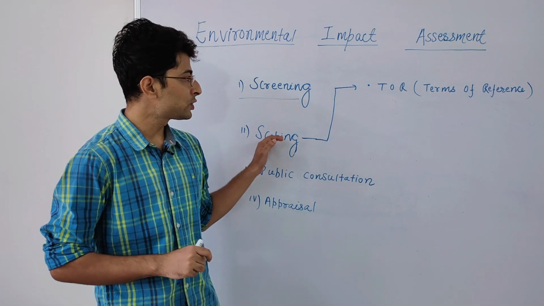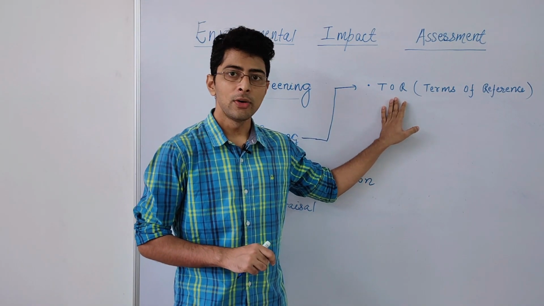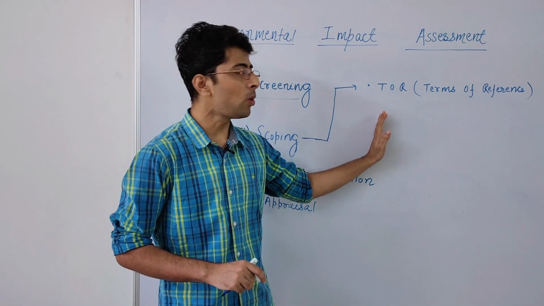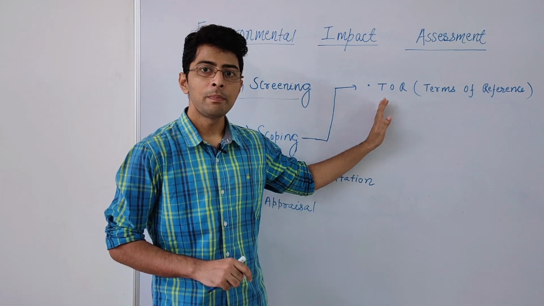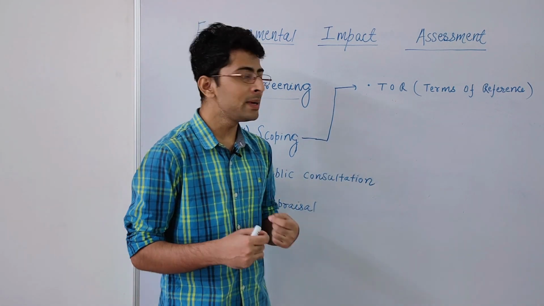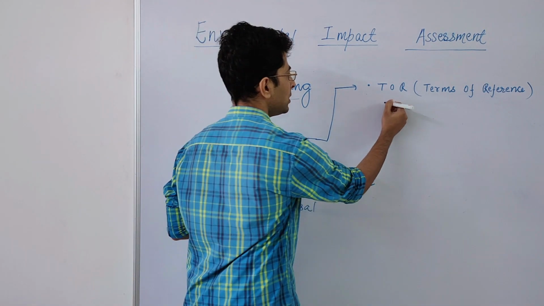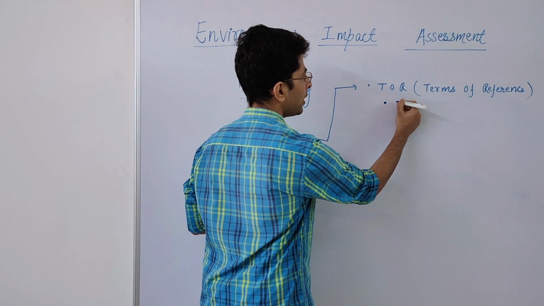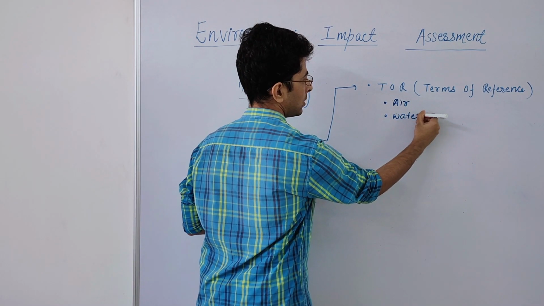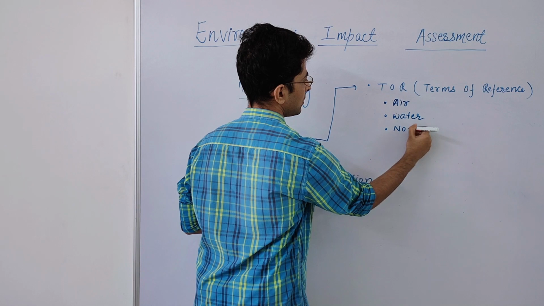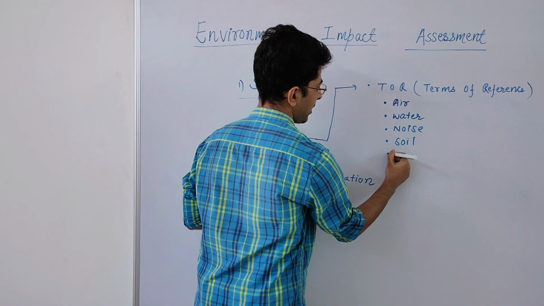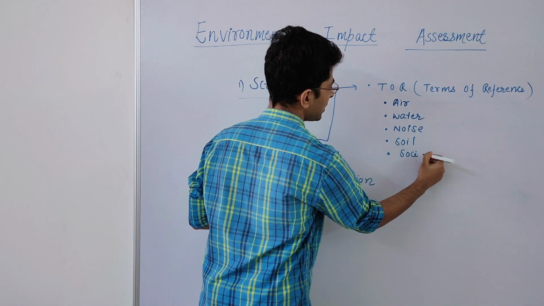So, at the level of scoping, TOR is given for every project, and TOR gives all the environmental parameters which need to be assessed. Environmental parameters in the sense that the parameters related to air, water, noise, soil, and socio-economic implications.